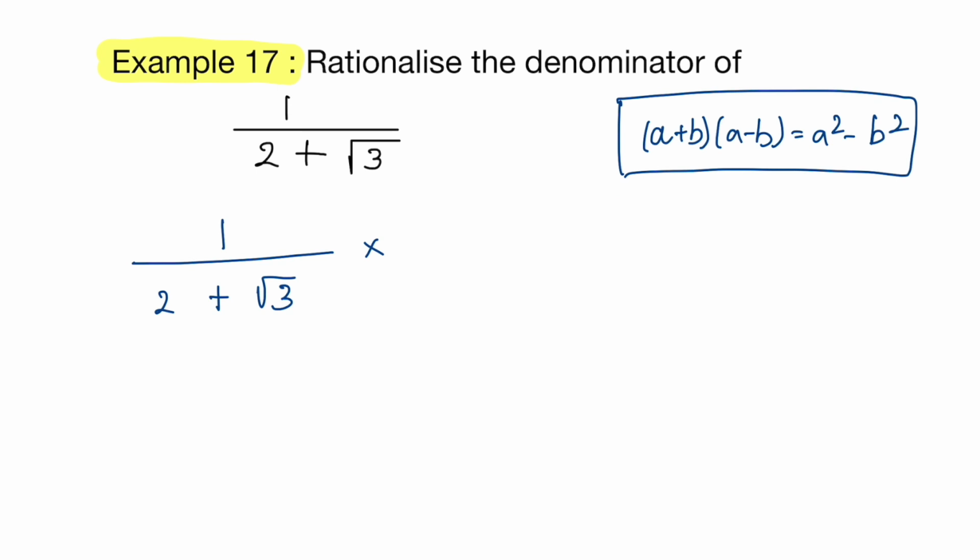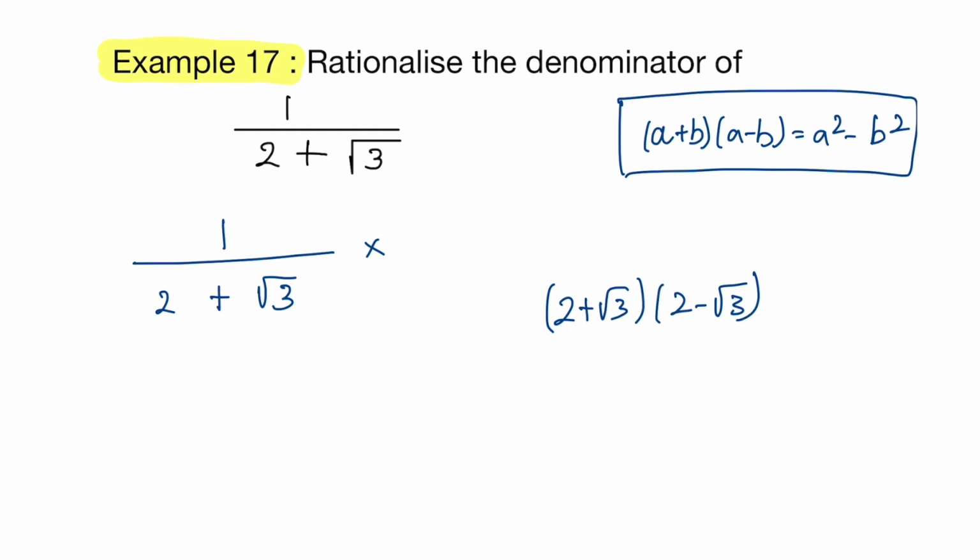How exactly are we going to do that? In this denominator we have 2 plus root 3. Now let us assume what happens if this 2 plus root 3 is multiplied with 2 minus root 3. For you to rationalize root 3, it has to be multiplied with root 3, or it has to be squared. Both are just the same.